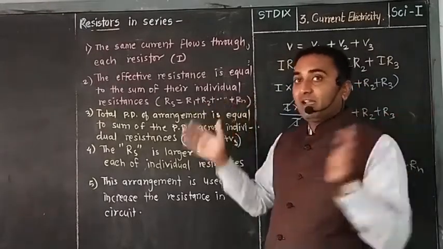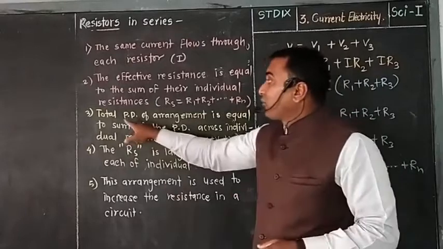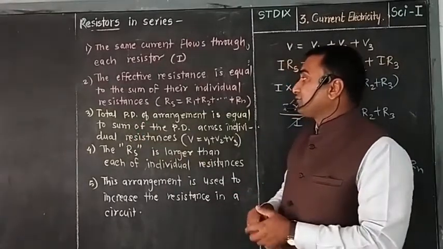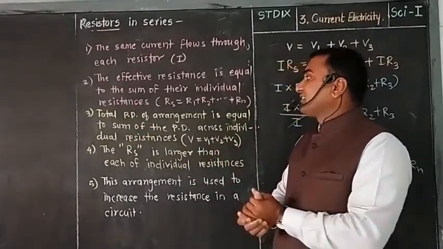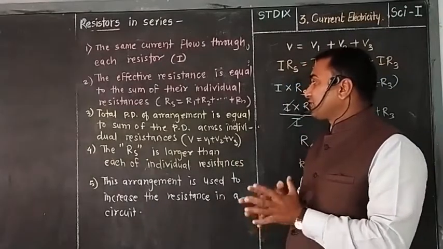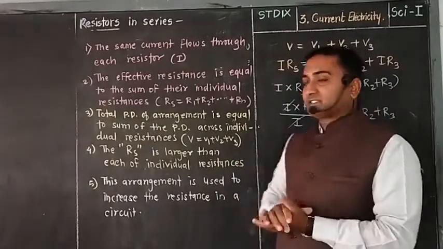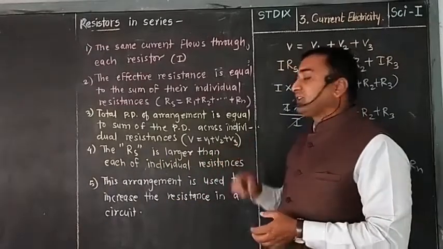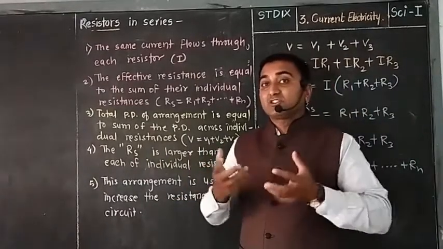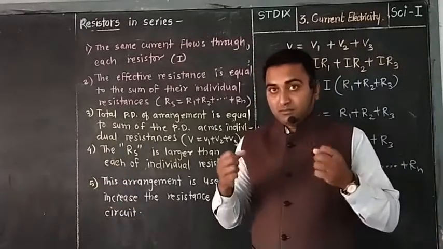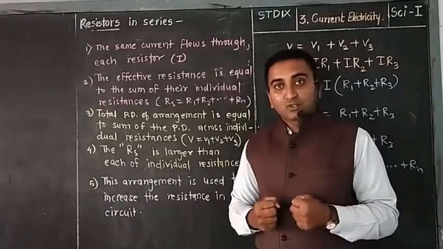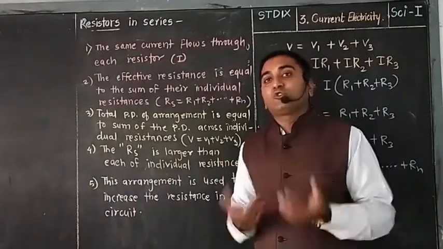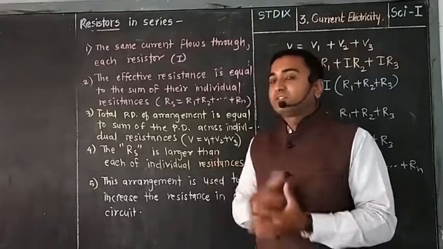How many are there? Addition. Third, the total potential difference of the arrangement is equal to the sum of the potential differences across the individual resistors. That also we have discussed. V is equal to V1 plus V2 plus V3, because each resistance has a different capacity. So as per the resistance, we have to do work to carry the charge.